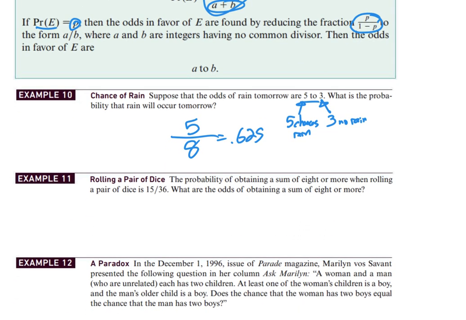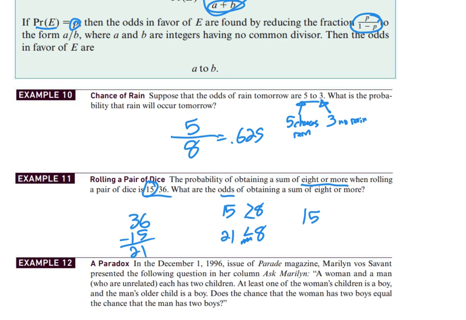The probability of obtaining a sum of 8 or more when rolling a pair of dice is 15 to 36. What are the odds of obtaining a sum of 8 or more? So we're going to go from probability to odds. 15 are the chances of 8 or more, greater than 8 or equal to. 36 is the total, so we subtract 15 to get 21 that are less than 8.